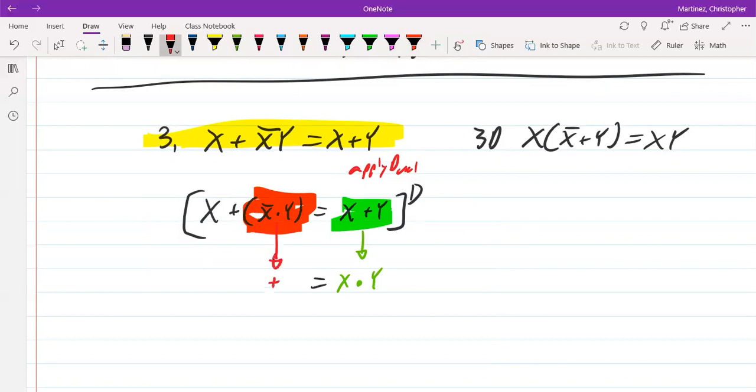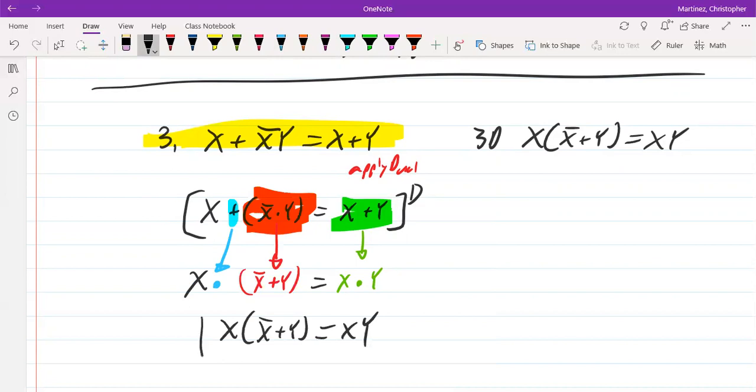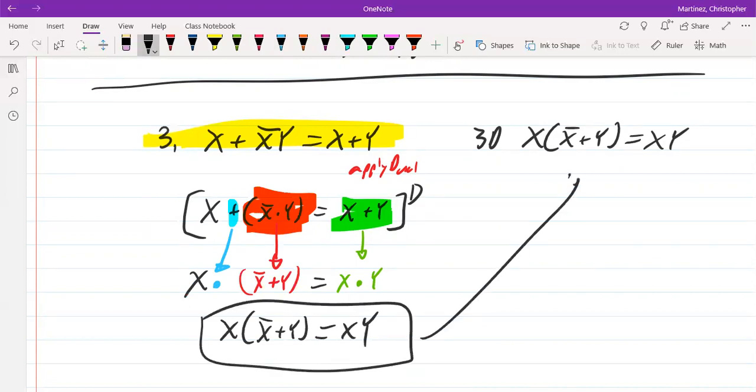The and becomes an or, and then I've got y, x bar, and that's a term. I have this plus. The plus becomes an and, then I still have this x. The x, there was nothing to work on. Okay, so I have this term. Let me just clean it up. So that's x ANDed with x bar or y, which is equal to xy. And if we look at this, we see, yep, they match. I got the same item. So that was the dual property occurring.